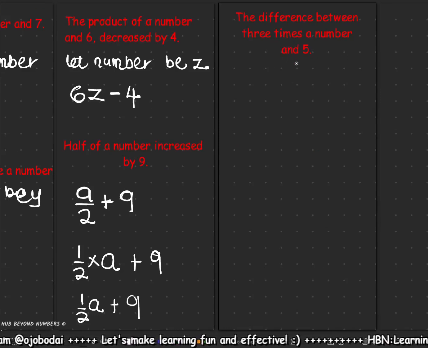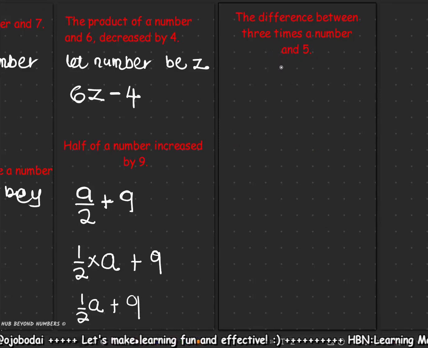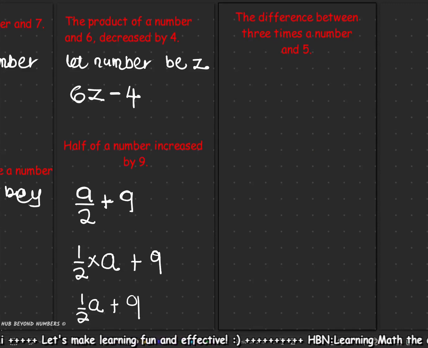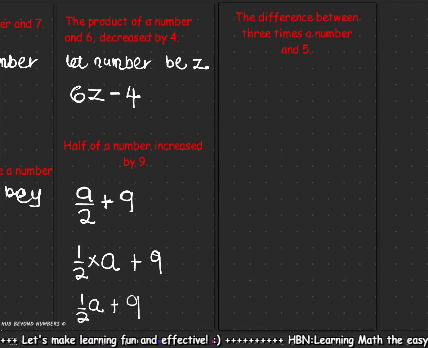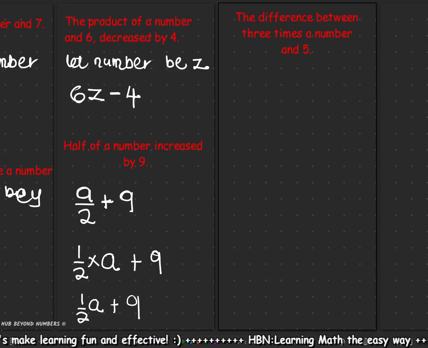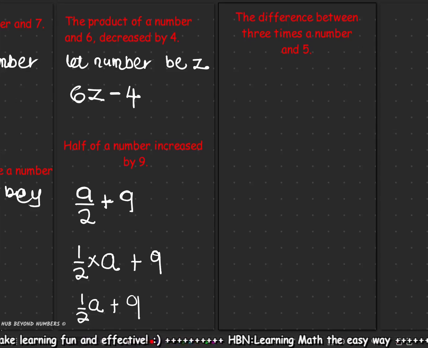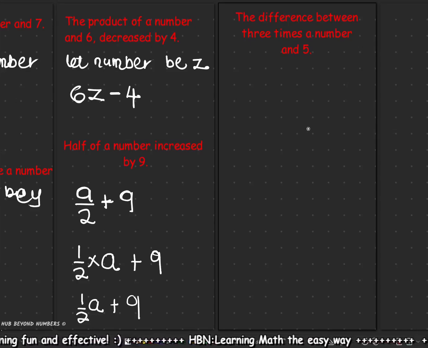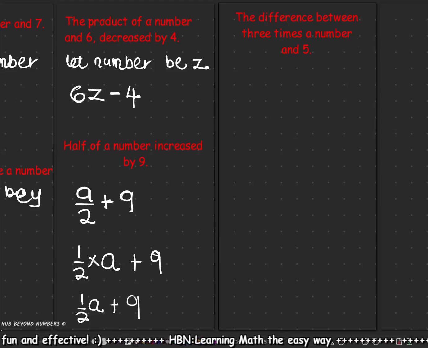This one says the difference between 3 times a number and 5. At this point, I do hope you understand all that we have done. So you can pause and try it out, then comment in the comment section. The difference between 3 times a number and 5.